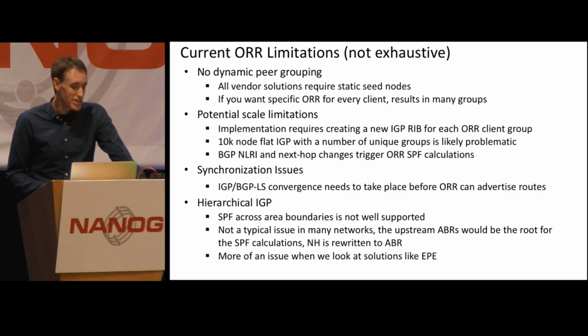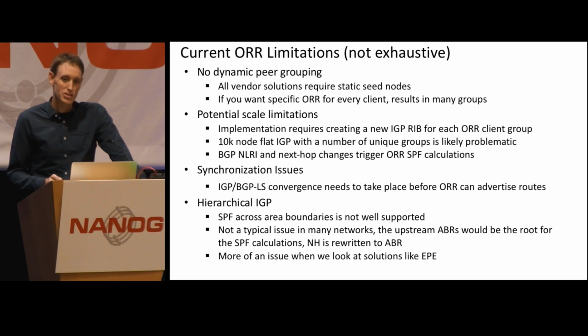Here are some limitations with optimal route reflection. One thing is there's no concept of any dynamic peer grouping. There was actually some talk about this in the original ORR draft that's been dropped over time. That draft has been simplified greatly over time about how to group nodes based on specific topology information.